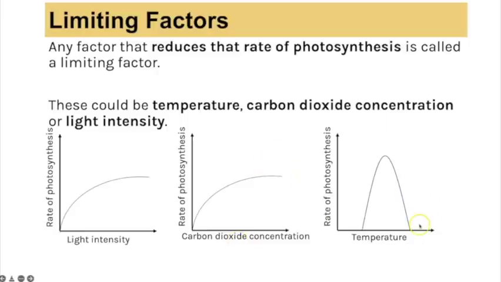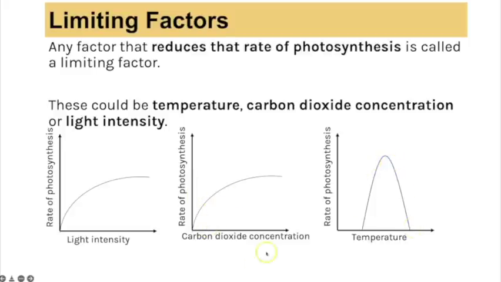Temperature, this is linked to the idea of enzymes because it's an enzyme-controlled reaction. So at low temperatures, the rate of reaction is lower because we don't have enough successful collisions, there's not enough kinetic energy, we don't get enough enzyme-substrate complexes. But if it gets too hot, the enzyme denatures.